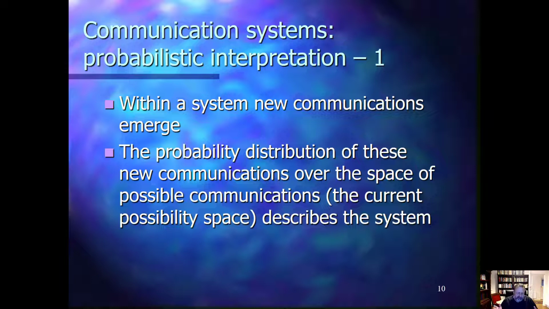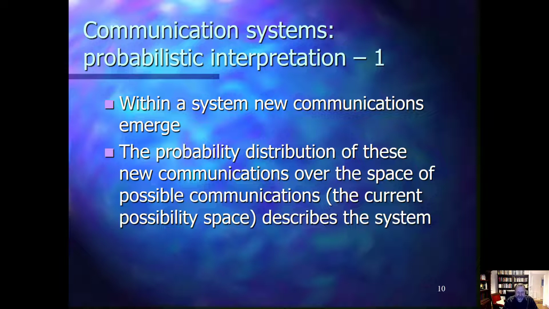So, in general, what we see here is that the systems are built by communications and they generate new communications which reference previous communications within the system and for which the possibility is determined by previous communications within the system. So you can look at this possibility space in a probabilistic way.